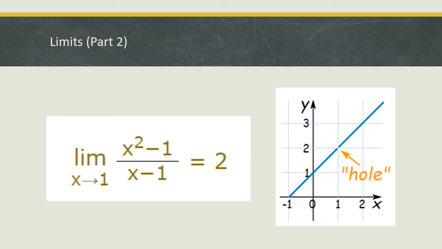Well, the reason for that is that there are some scenarios where that's not a valid solution. Since in the equation as shown here, if you were to just plug in 1 into the denominator of x squared minus 1 over x minus 1, well, 1 minus 1 is 0.